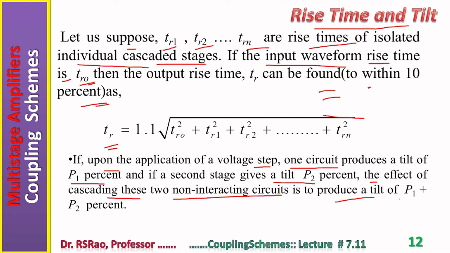So rise time and tilt are all time domain specifications. They provide information regarding lower cutoff frequency and upper cutoff frequency of the multi-stage amplifiers in the time domain.